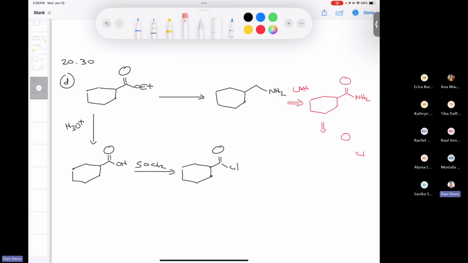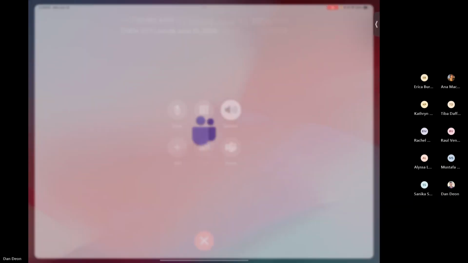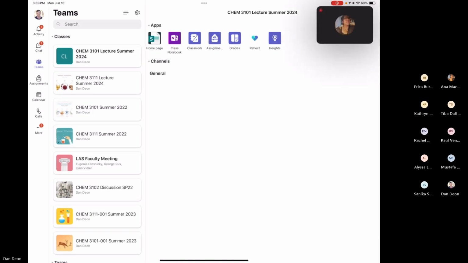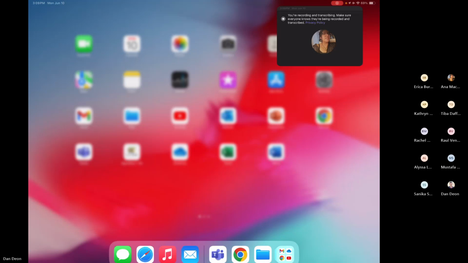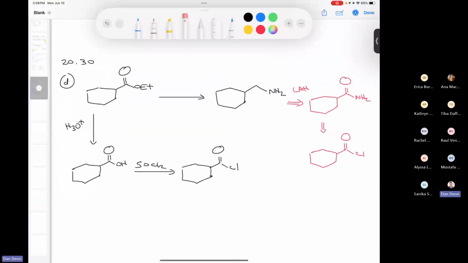So I'm just going to erase some of my work here. We're going to convert it into the primary amide by treating it with excess ammonia, like that.